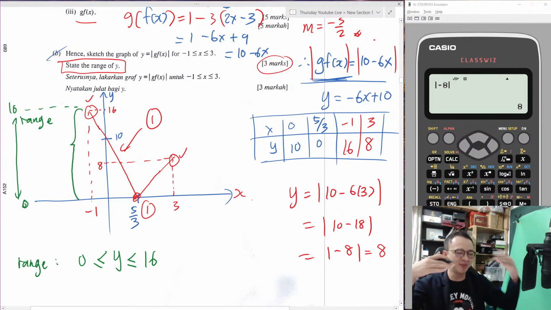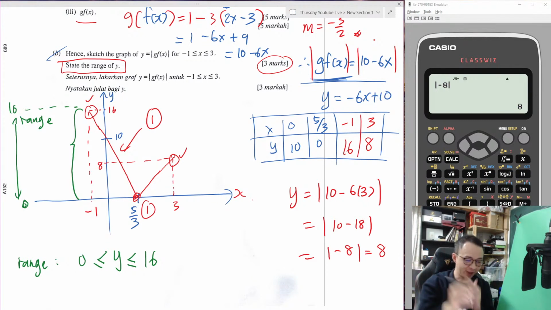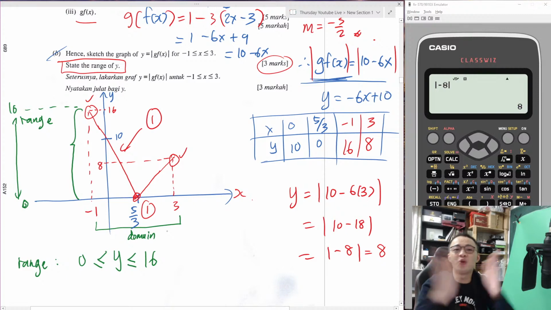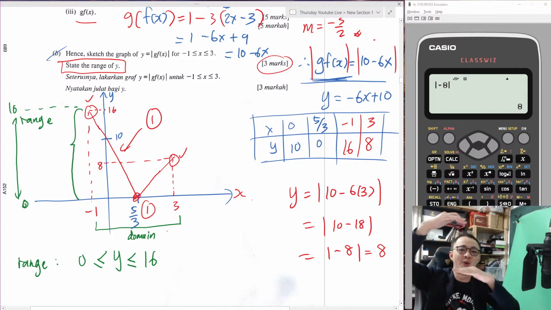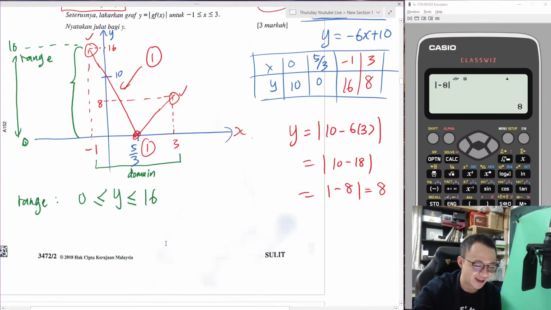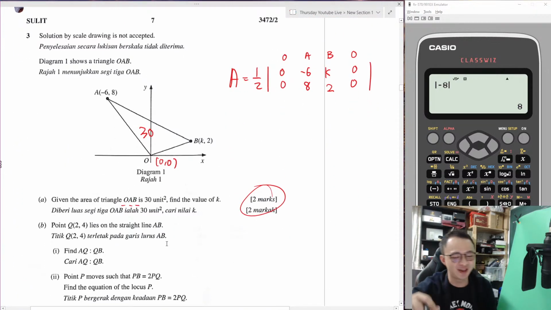So my maximum y value is 16, minimum y value is 0. This is what we call range, and this is what we call domain. Normally I just tell my students, domain is for the x, range is for the y. I hope you get it. Thanks to the student who mentioned this part, I accidentally skipped the range here. Okay, let's come back to the area.